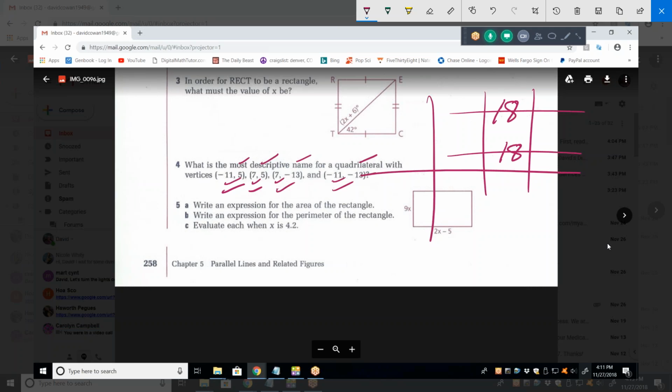What is it? 5 and 13 are the two y coordinates, so that's 8... no, for both, 18. So what is this? Square. It's a square, correct.